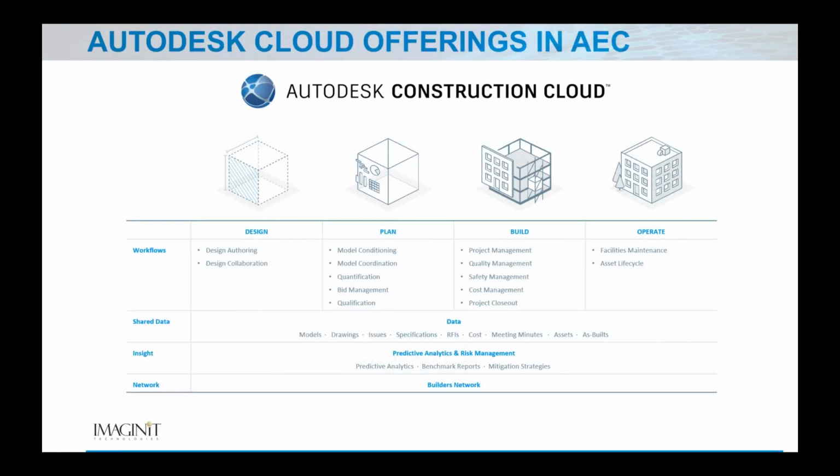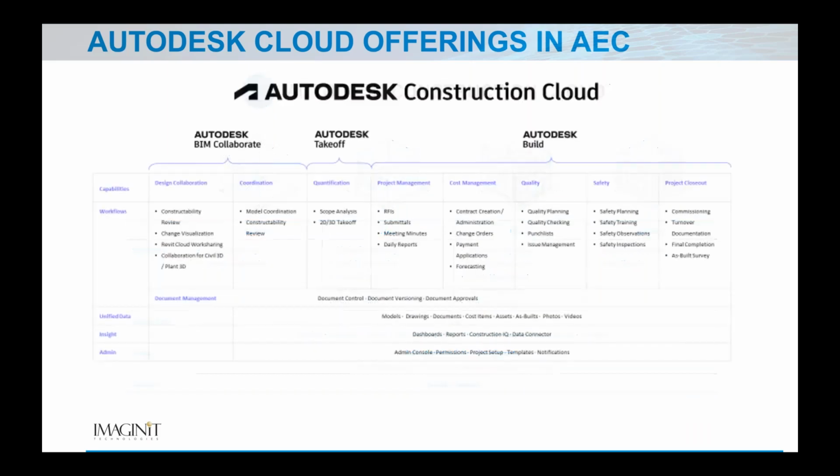So again, everything from design through planning, through building, and even getting into operation and facilities management. And again, the key products here, of course, are Autodesk Docs. That's the foundational tool for the document management aspect. Then there's BIM Collaborate, Collaborate Pro, Autodesk Takeoff, and Autodesk Build. And all of the things I mentioned there, except for maybe Takeoff, really all use or can leverage the Construction Cloud app.